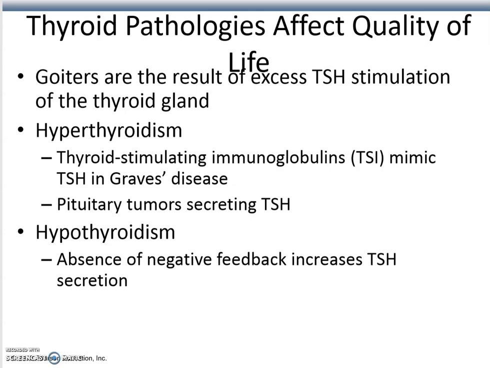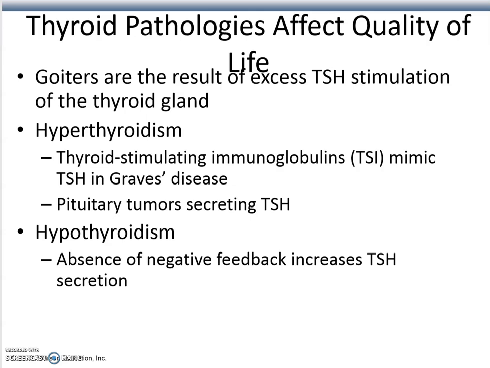There's something called Graves' disease, and we had that in the lab when you were doing the lab experiment last week, or this theoretical lab experiment, I guess. We have these immunoglobulins that act like TSH. They mimic TSH, they bind to the same receptor, and Graves' disease is an autoimmune disease where you're making antibodies that look like and act like TSH.